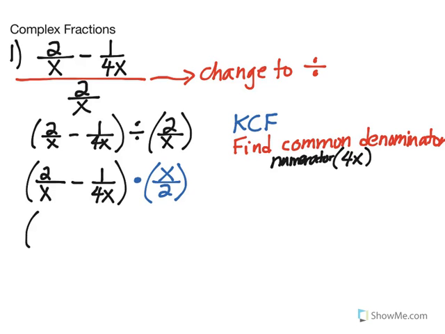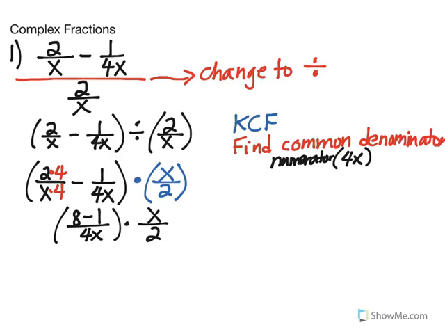We're going to multiply the first fraction by 4 over 4, since the other fraction already has 4x. That's going to give us 8 minus 1 over 4x times x over 2.